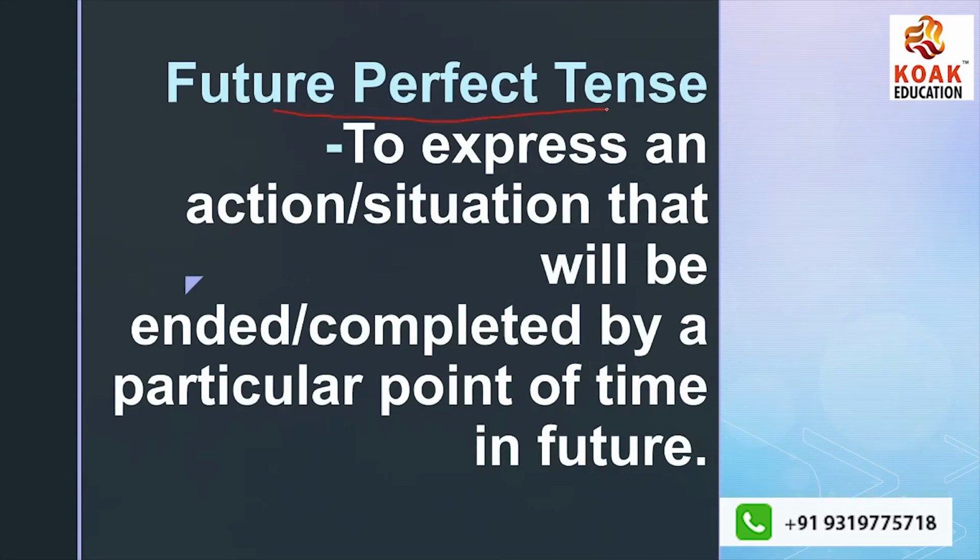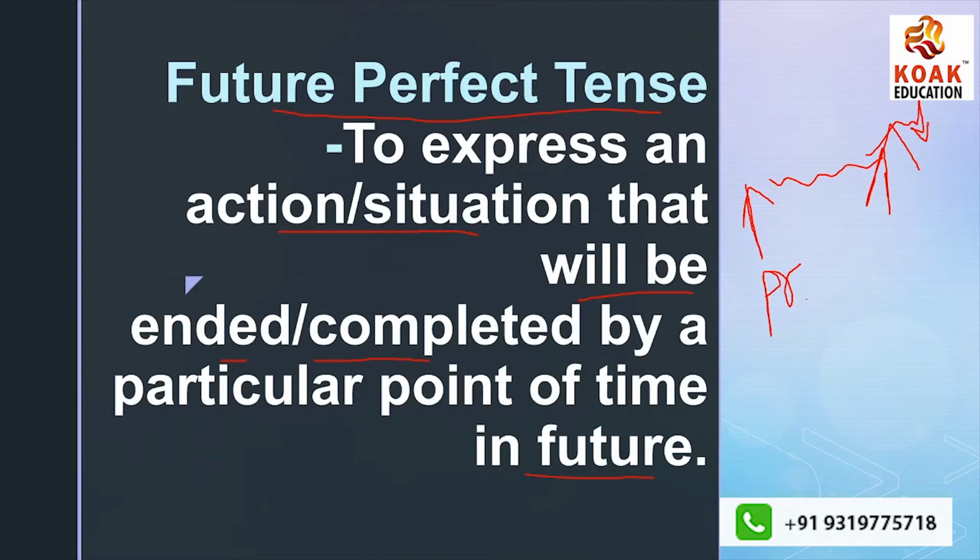Guys, future perfect tense is used to express an action or situation that will be ended or completed by a particular point of time in future. For example, an action here in present has started or is going on, it is in continuation, and at some point in the future it will complete.